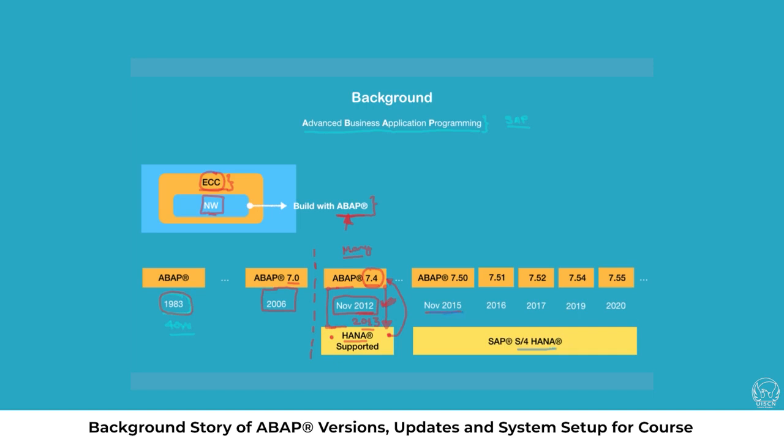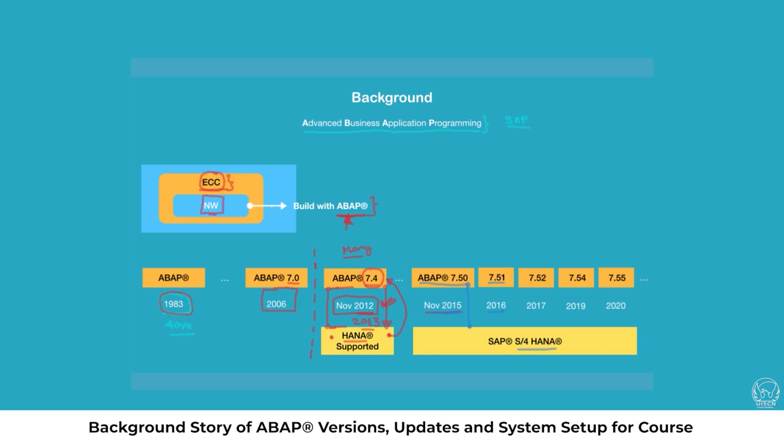November 2015. And with the release of S4 HANA, you also find a release of ABAP 7.50, which supports development with SAP S4 HANA. Now, over the time, you will find the development of the S4 HANA and the development of ABAP in a quite linear fashion.